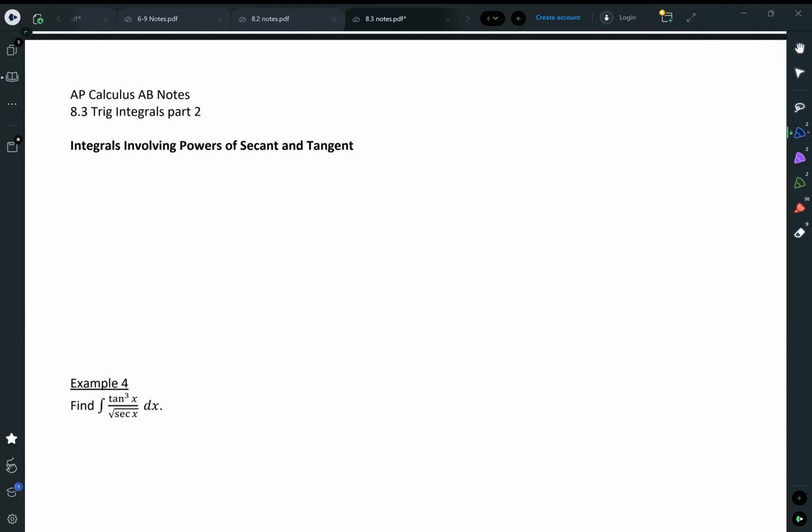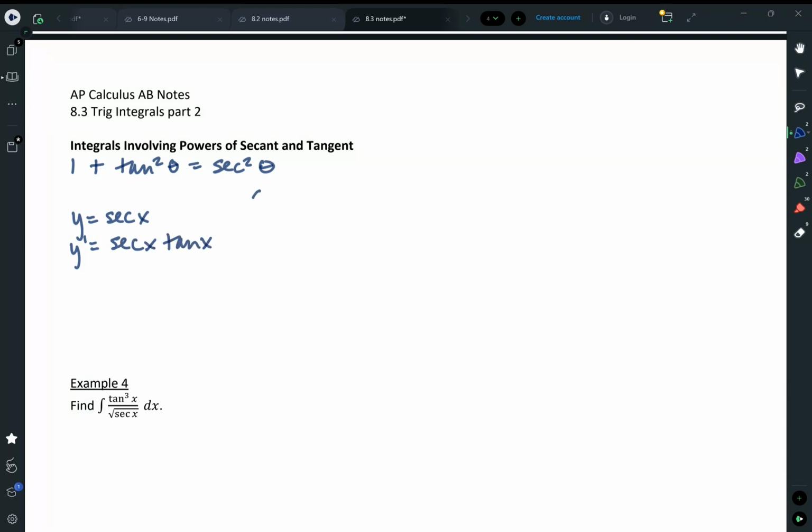So we just want to review a bunch of stuff first. Pythagorean identity: 1 plus tangent squared theta equals secant squared theta. And then we want to go over derivatives and integrals. If y equals secant x, my derivative y prime is going to be secant x tangent x.